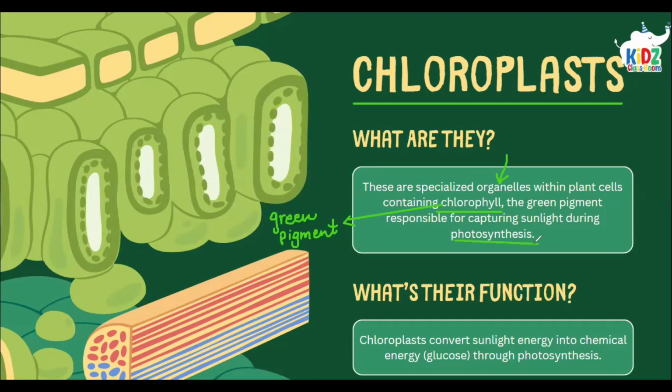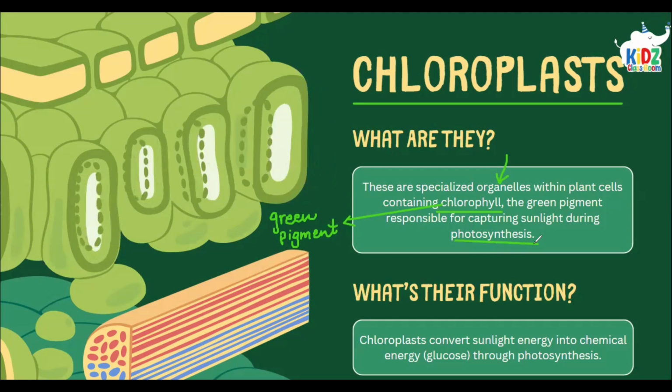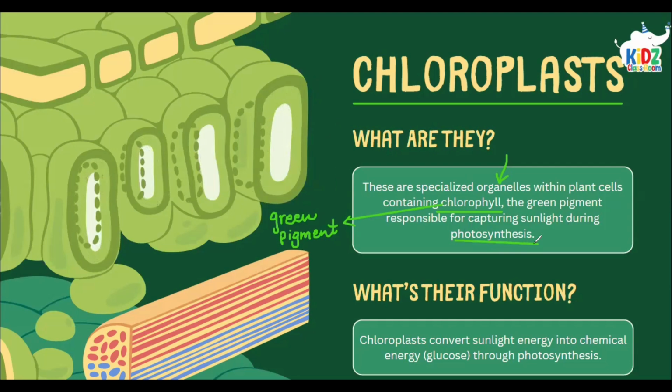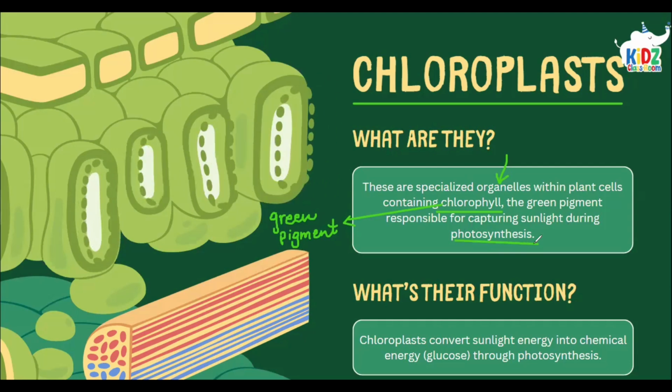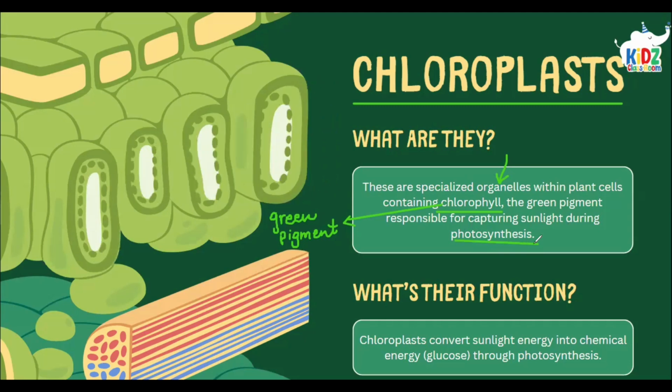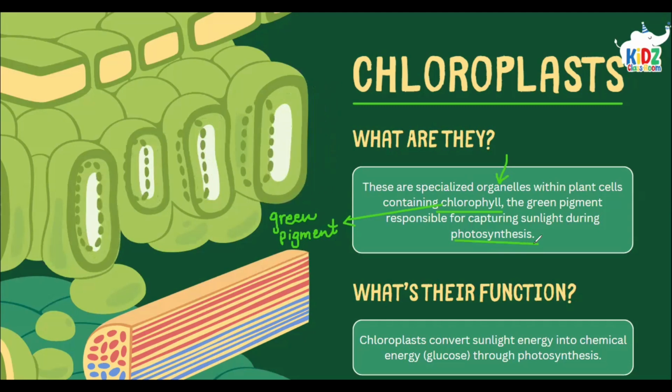So chloroplasts are the green structures which are found within the mesophyll cells, and they contain chlorophyll. And what is chlorophyll? Chlorophyll is a green pigment that gives leaves their green color. Why are leaves green? Only because they contain chloroplasts and chloroplasts contain chlorophyll. And what else is chlorophyll responsible for?